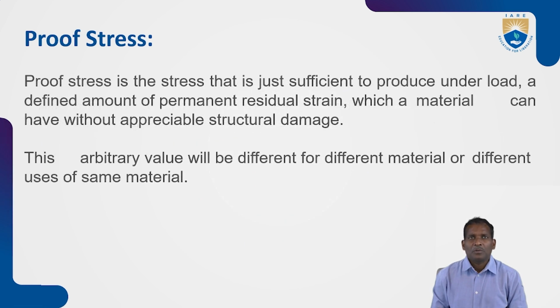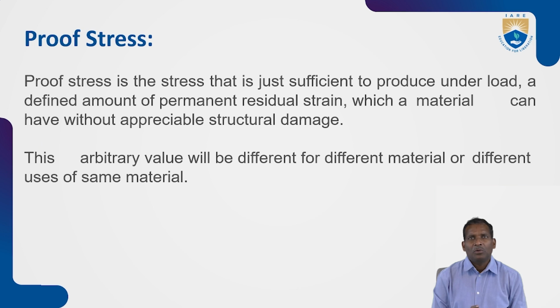Okay. So proof stress is the stress that is just sufficient to produce under load a defined amount of permanent residual strain, which a material can have without appreciable structural damage.